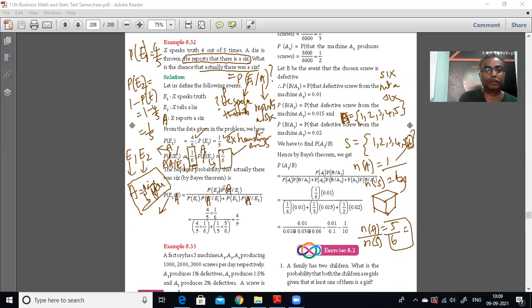P of E1 into P of A given E1. P of E1 is 4 by 5.